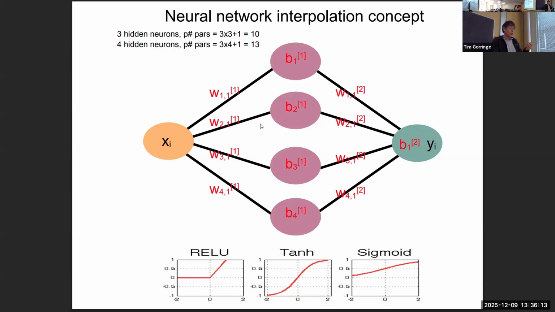Each neuron has a function like this that translates its input into its output. Each of these connections we give a weight, so we can weight more strongly or less strongly an input connection to the neurons in this layer, which is called the hidden layer.